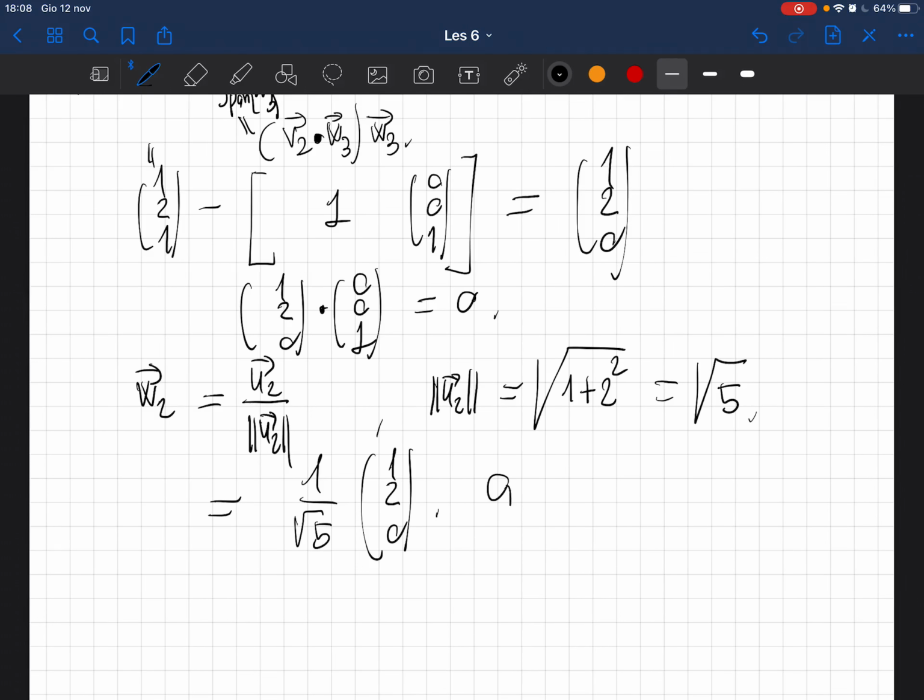So in the end, the orthonormal basis is given by this W2, W3, with W2 equal to this, and W3 equal to this. Quite fine, I'd say. Okay, we're done for the first one, which was the long exercise.